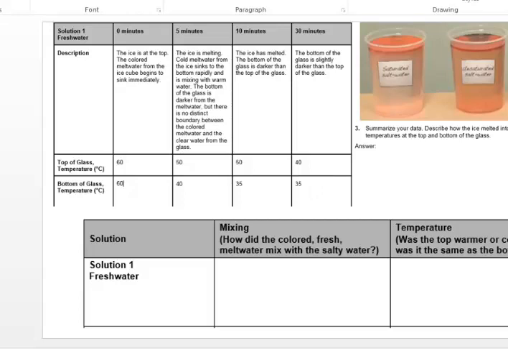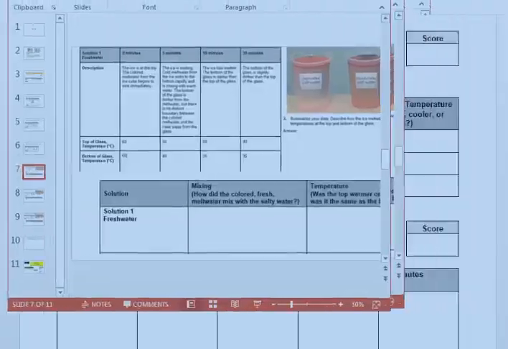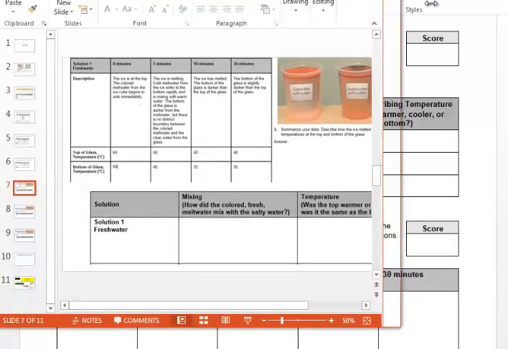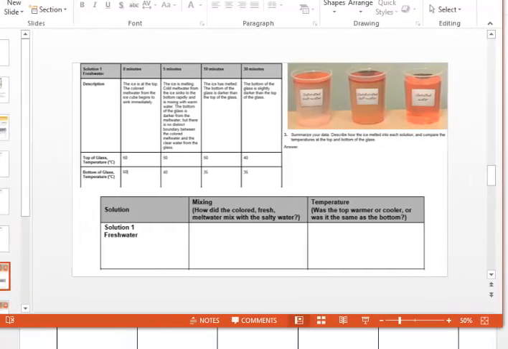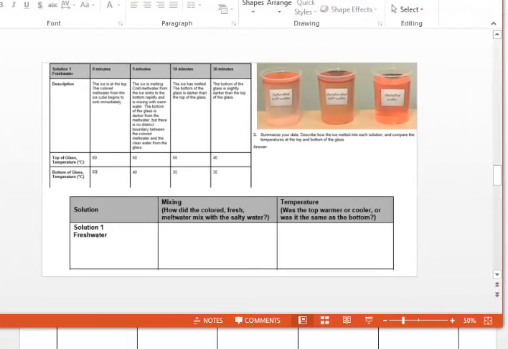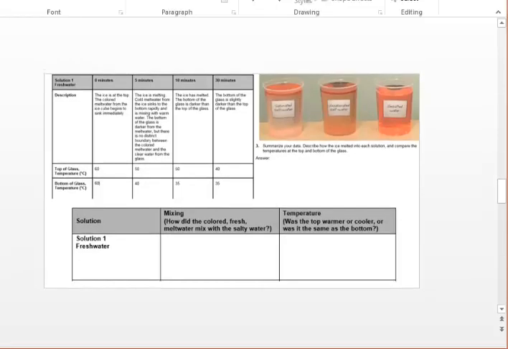Now, if I think about how density changes with temperature, how density changes with salinity, I should have known about these temperature variances, right?